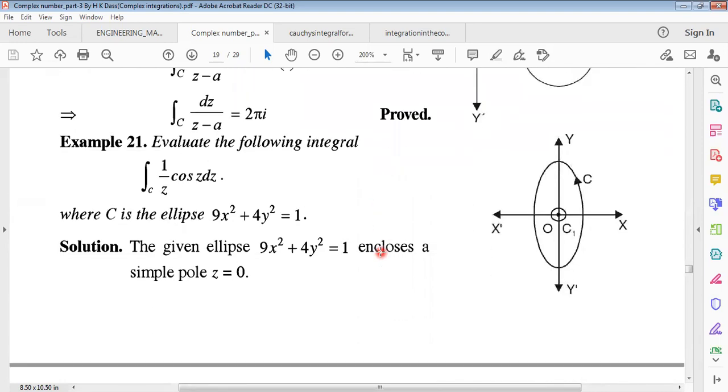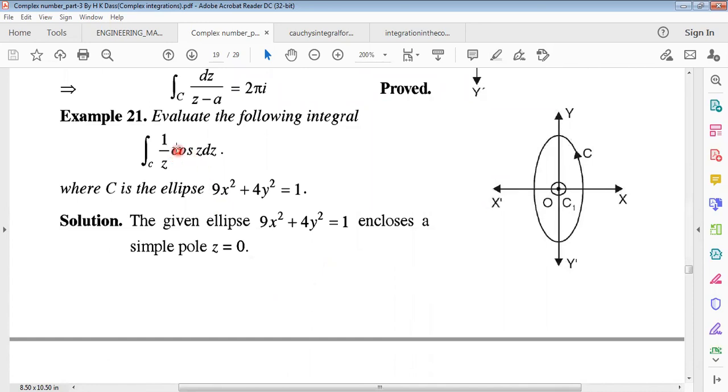Now another example, example 21. Evaluate the following integral: contour integration of 1 by z cos z dz, where C is the ellipse. This is the graphical depiction, with the real axis and the imaginary axis. The ellipse is 9x square plus 4y square equals 1.